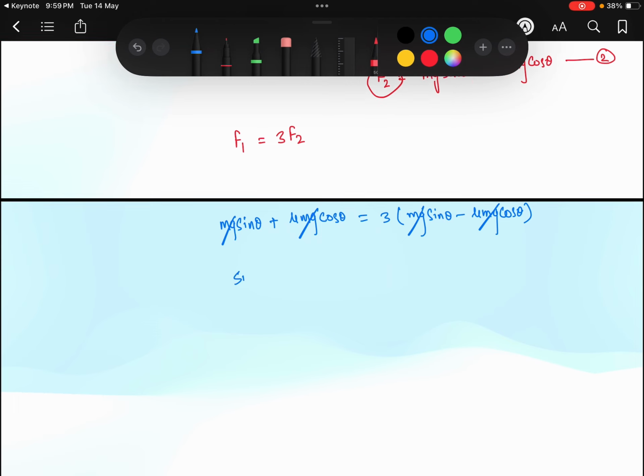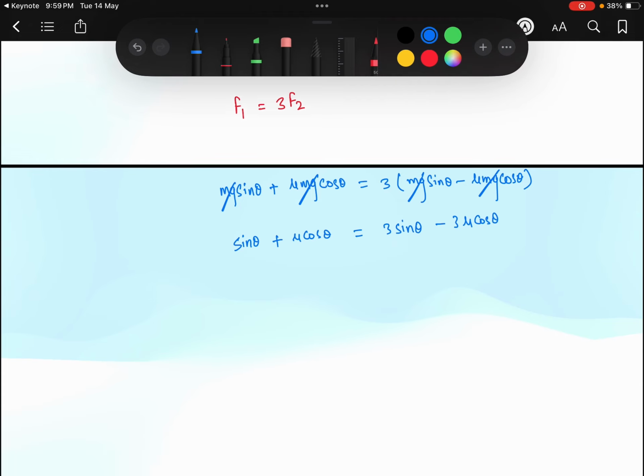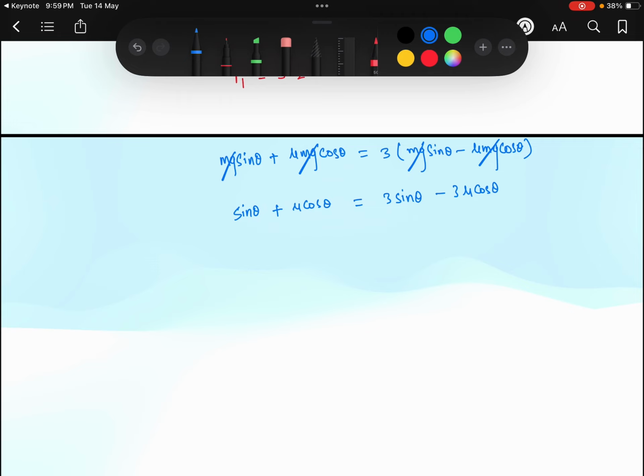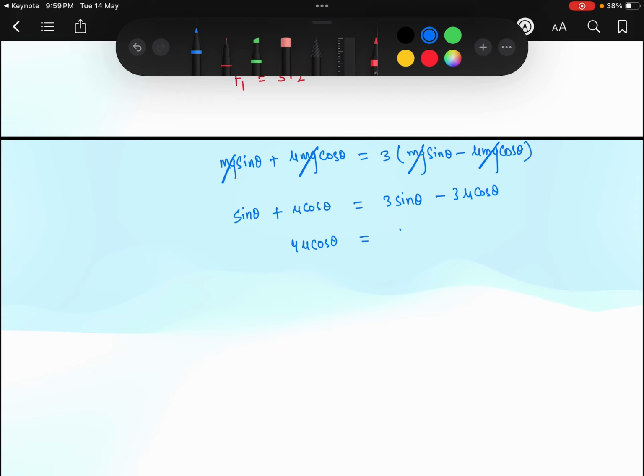So here sin theta plus mu cos theta will be equal to 3 sin theta minus 3 mu cos theta. Okay, so let me take the mu cos theta terms on one side. So 4 mu cos theta will be equal to 3 sin theta minus sin theta, that is equal to 2 sin theta.